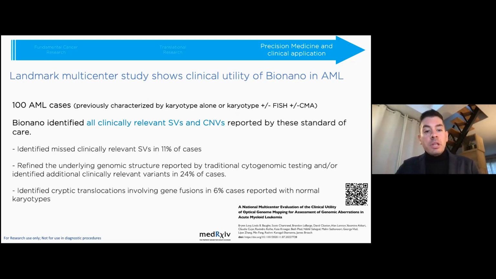And most importantly, in 6% of the cases of AML patients presenting a normal karyotype, optical mapping directly identified additional clinically relevant variants and/or CNVs, including fusion events. So this has a clear potential to improve patient management in the future.